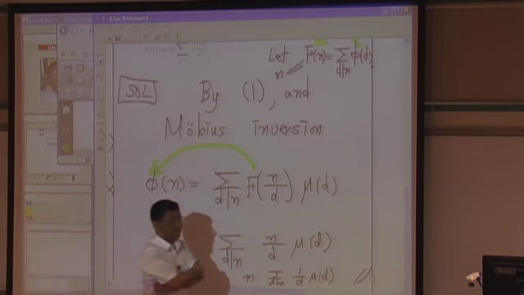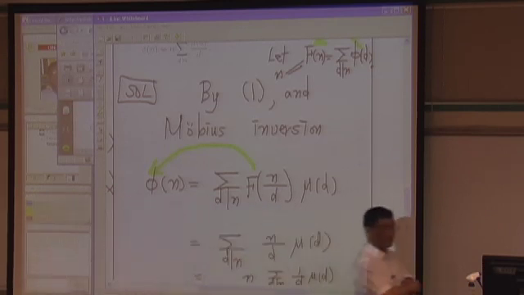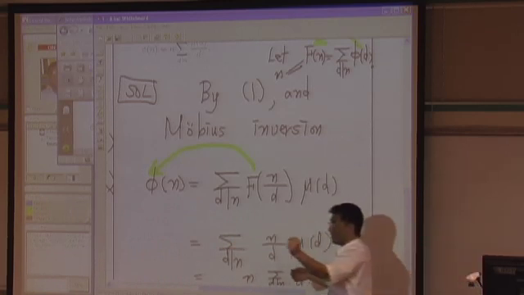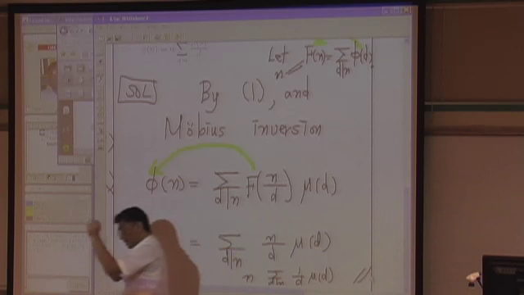But if you don't understand why this is so, ask. From the summand, we can get the sum. Once you have a sum, we can get the summand.